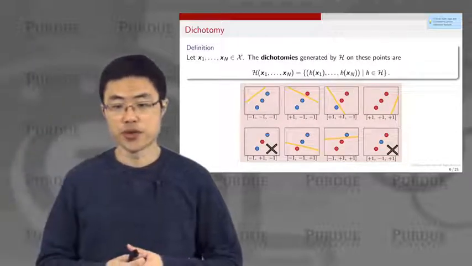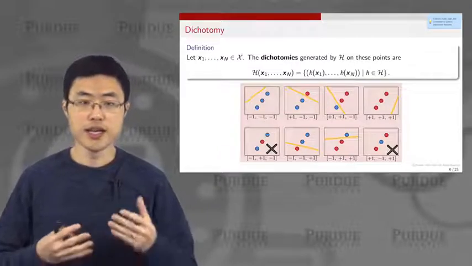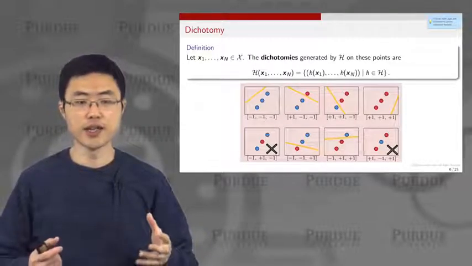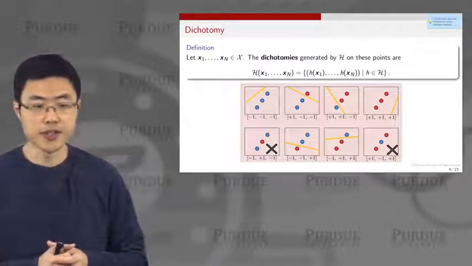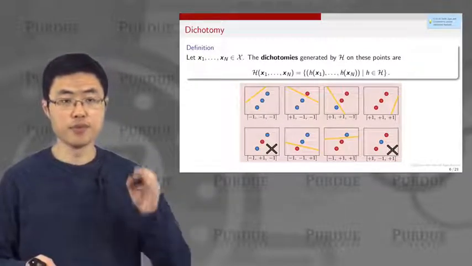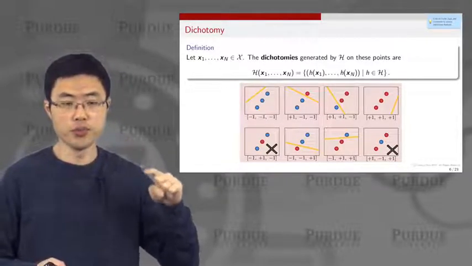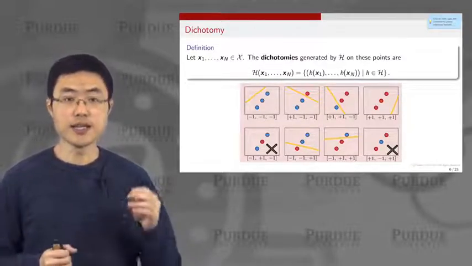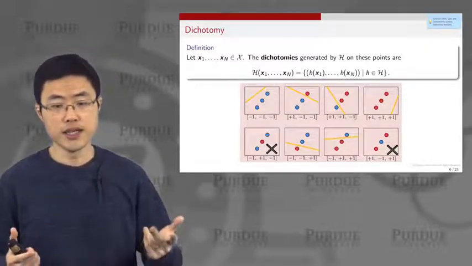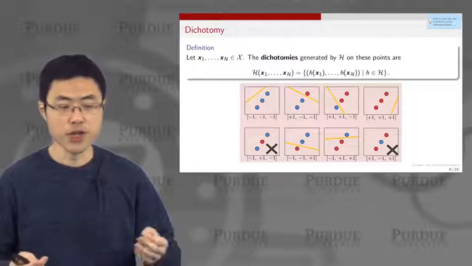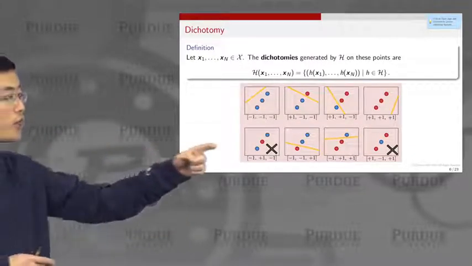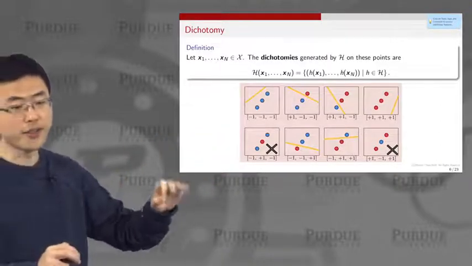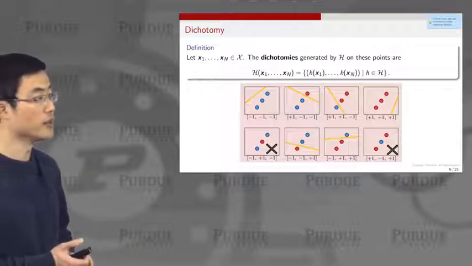If you try to understand this dichotomy, there are cases where if you put the data points in certain locations, then some dichotomies may not exist. For example, if you look at this case, if I put the 3 blue circles on the same line, then if you try to calculate the dichotomy, there are 2 cases where the dichotomy is not able to exist. For example, at the 2 bottom examples here, one would be this case where you are not able to draw a single straight line and classify the 3 dots into 2 halves.